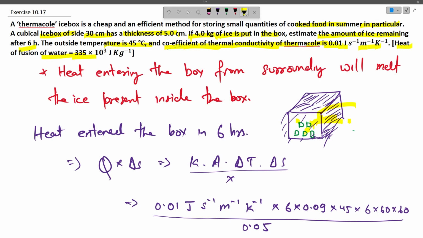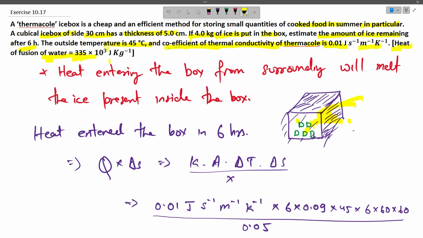Now we have to find out how much ice will remain after 6 hours. So the heat that will enter from the surroundings inside the box will lead to melting of ice, or in another way we can say that the heat will be used to fuse ice into water, and we have been given the heat of fusion of water as 335 into 10 to the power 3 joule per kilogram, that is 1 kg of ice will require 335 into 10 to the power 3 joule to melt.